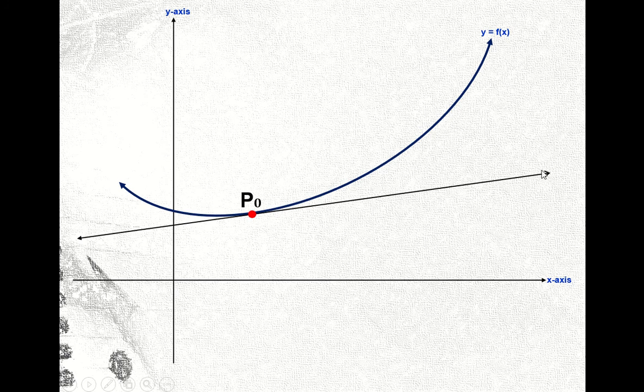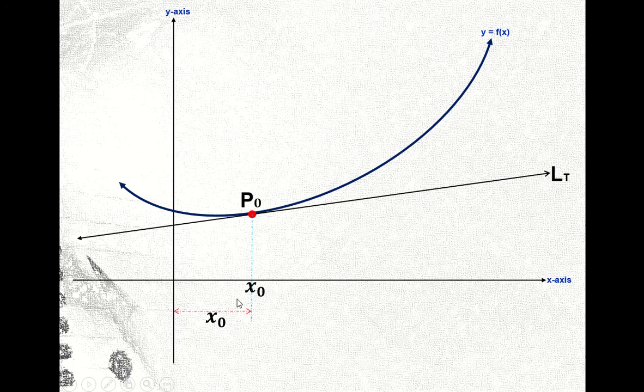We call this our tangent line. We denote this by LT, and the distance of this point from the y-axis, we call x sub 0. Okay, if you can see a variable that is placed at this point, it means that this represents the distance from the y-axis towards this point, which is equal to this one.